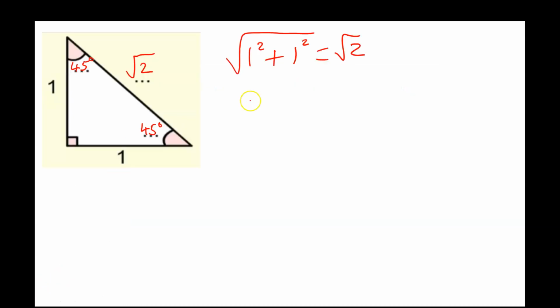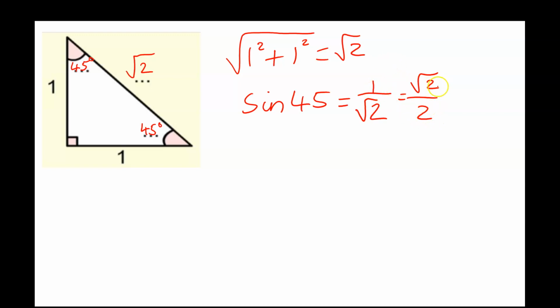So if we wanted sine of 45, got our angle 45, we know the sine of 45 is opposite over hypotenuse. So 1 over root 2. Might be that you rationalise the denominator, get root 2 over 2.